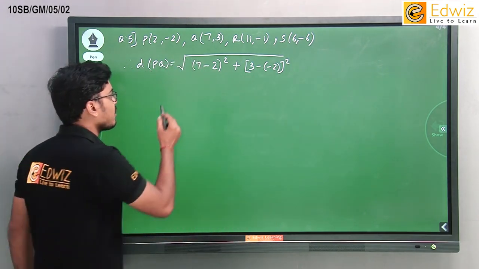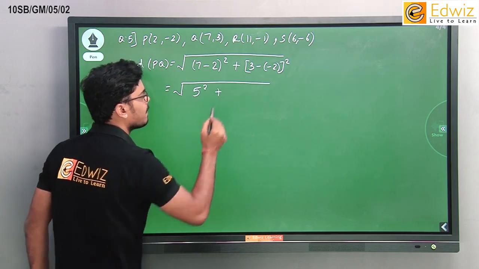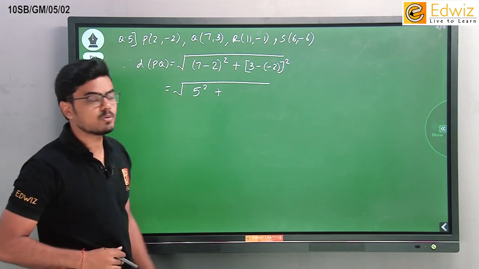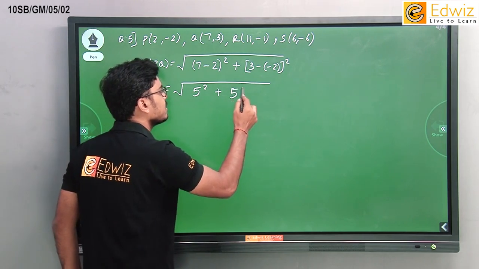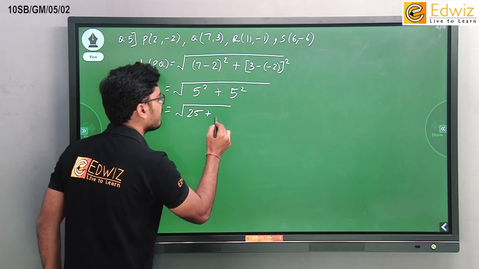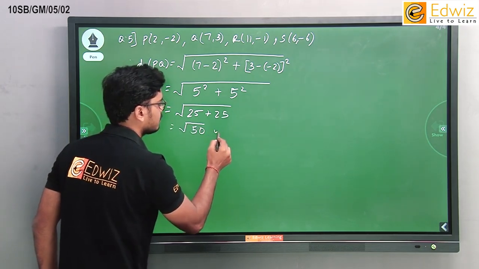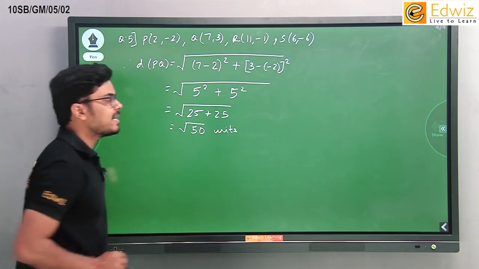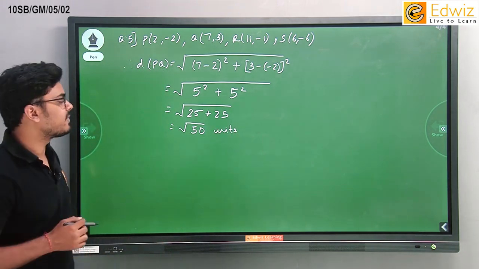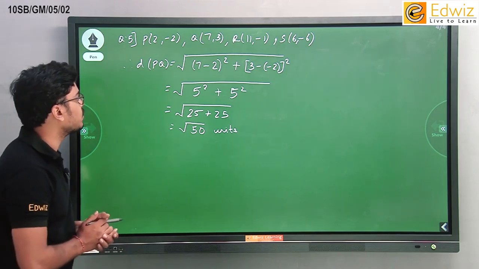If we solve this we'll get the square root of 5 square plus, this is 3 plus 2, that is 5 square once again, so this is equal to the square root of 25 plus 25, that is square root of 50. So one side we are getting square root of 50 units. You can further simplify this, but I don't think there is a need to do that.